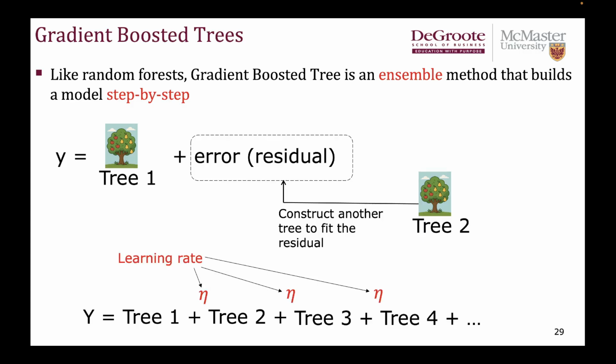Now, of course, there are some slightly tricky complications, something called the learning rate. It turns out I don't typically directly add up the results of all those trees, but we multiply the outcomes of tree 2, tree 3, tree 4, all those trees, by a certain parameter, eta. This eta value adjusts the adjustment made by all those subsequent trees.